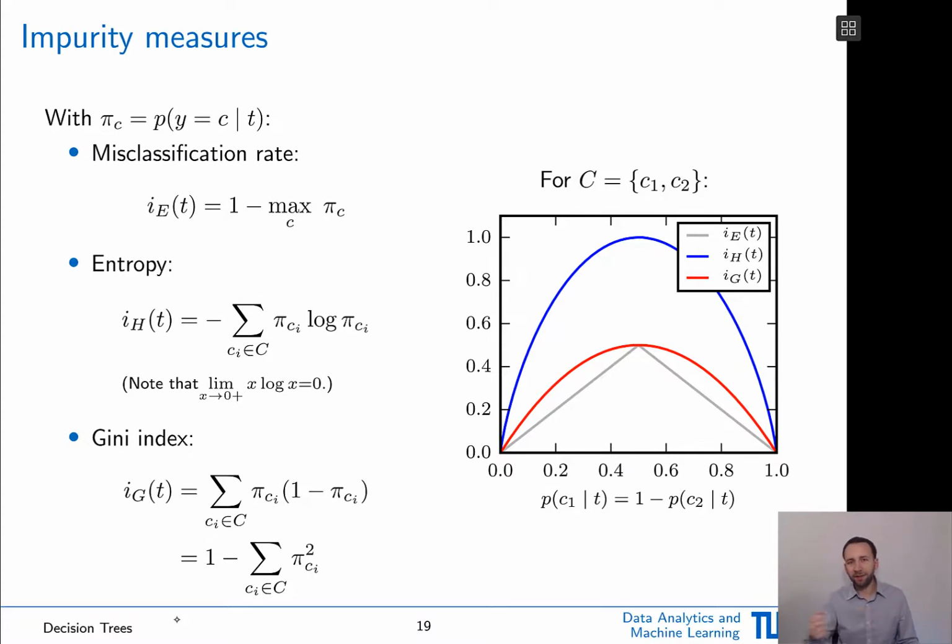And if we vary the purity inside this region, we see that the misclassification rate behaves in a linear way, okay? So it increases and then it decreases again, of course, because here are the nice solutions. In contrast to this linear increase, the other two measures behave like this, right? Essentially, it's the same; one is just scaled a bit.